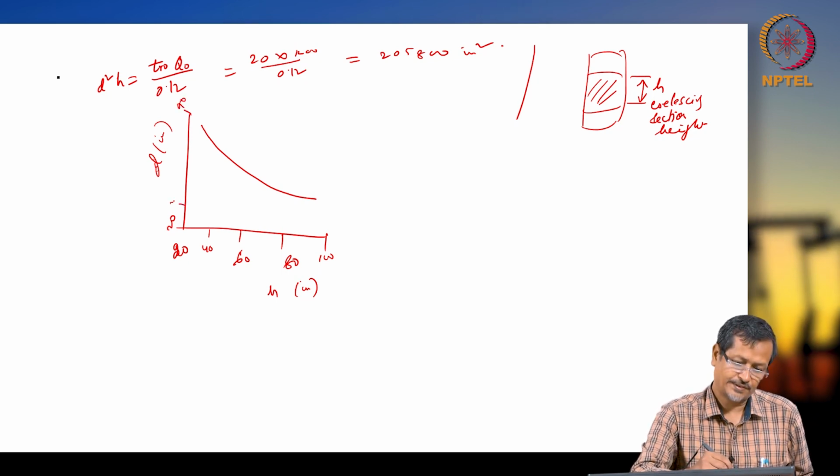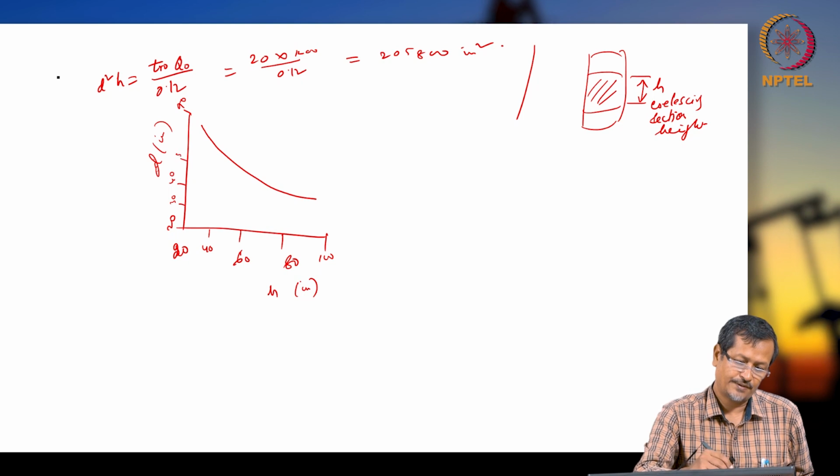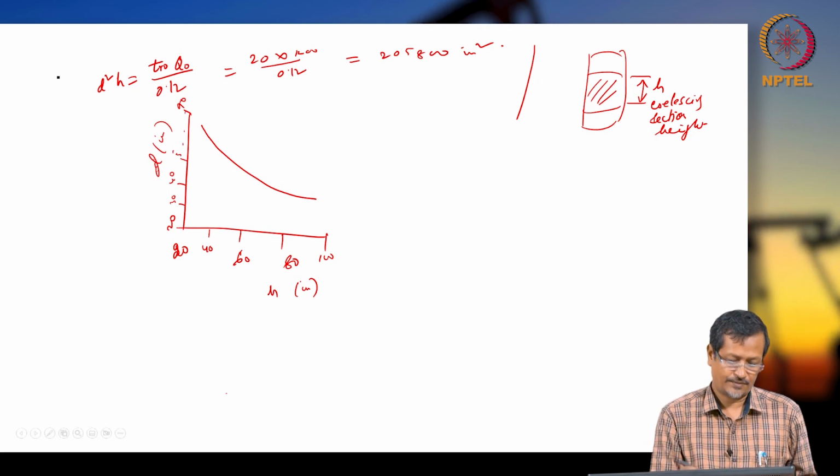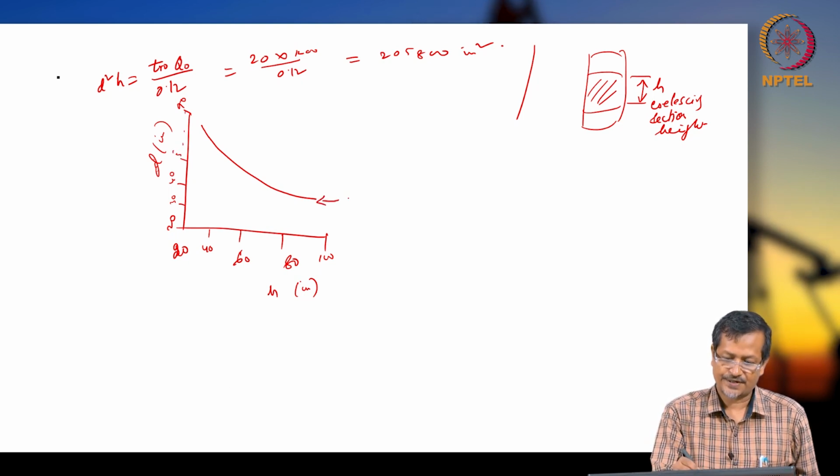This is the retention time based calculation.